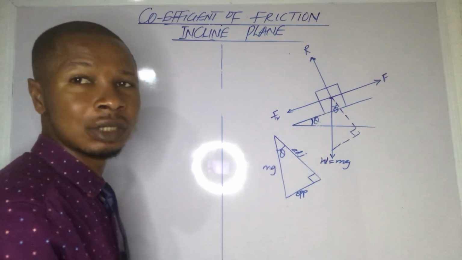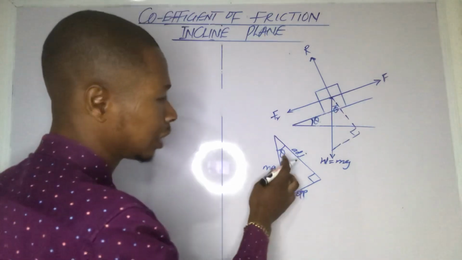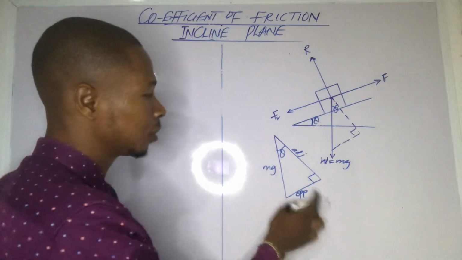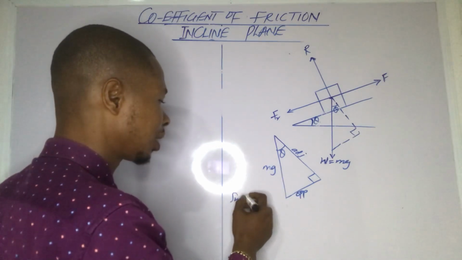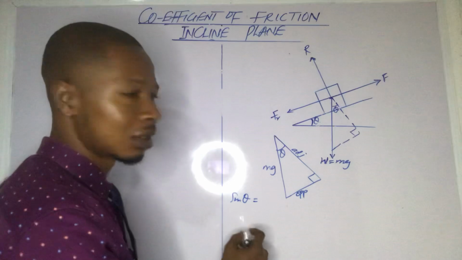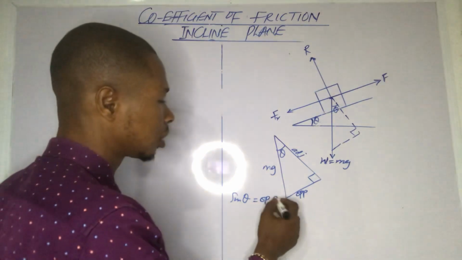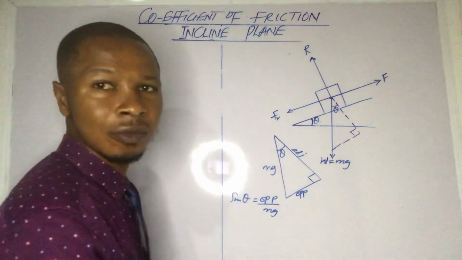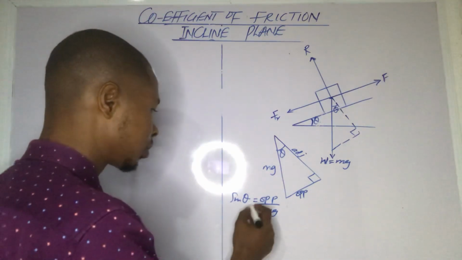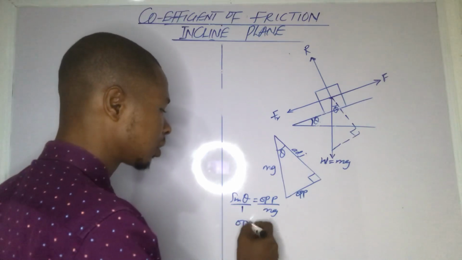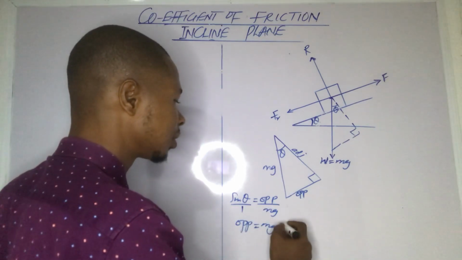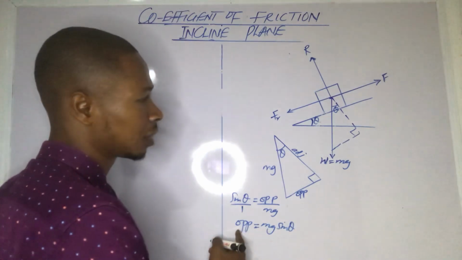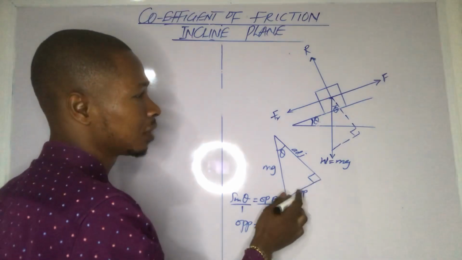From trigonometric ratio, you recall that sine theta is opposite over hypotenuse. So using sine theta equals opposite over hypotenuse, I have sine theta equals opposite over mg. If I cross multiply, my opposite will be equal to mg sine theta.